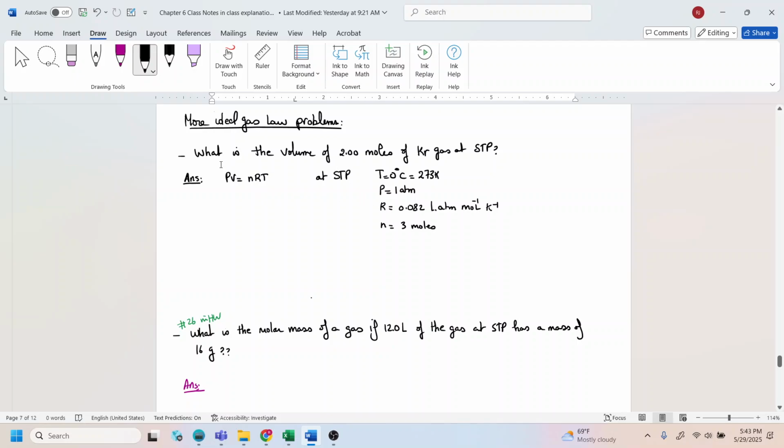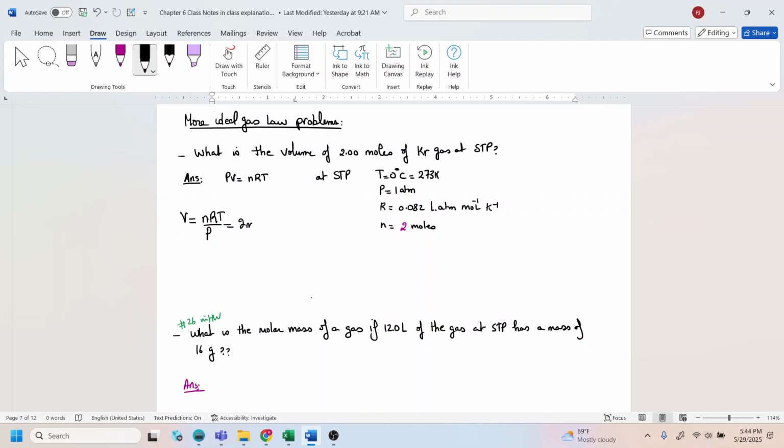And what is the volume of 2 moles? It's not the 3 moles actually, it is 2 moles. So we're going to go ahead and put 2 moles over here. You can do the conversion. V is equal to nRT divided by P, and then do the substitution.